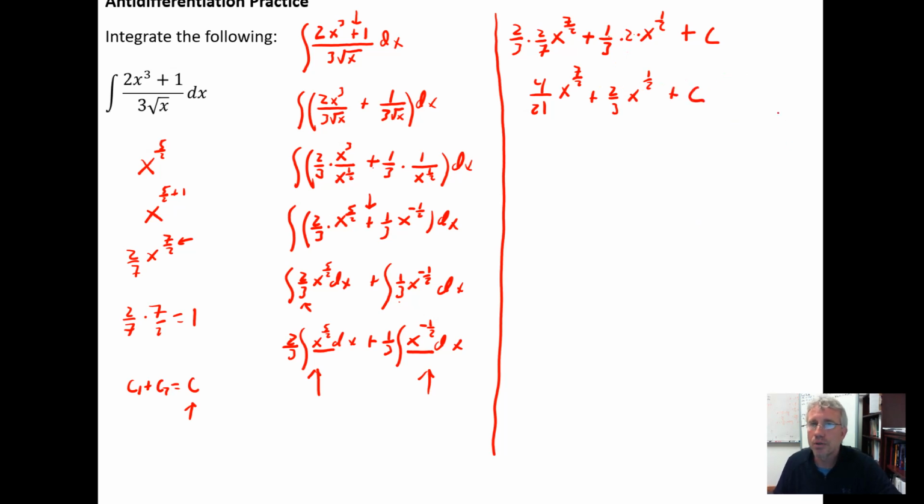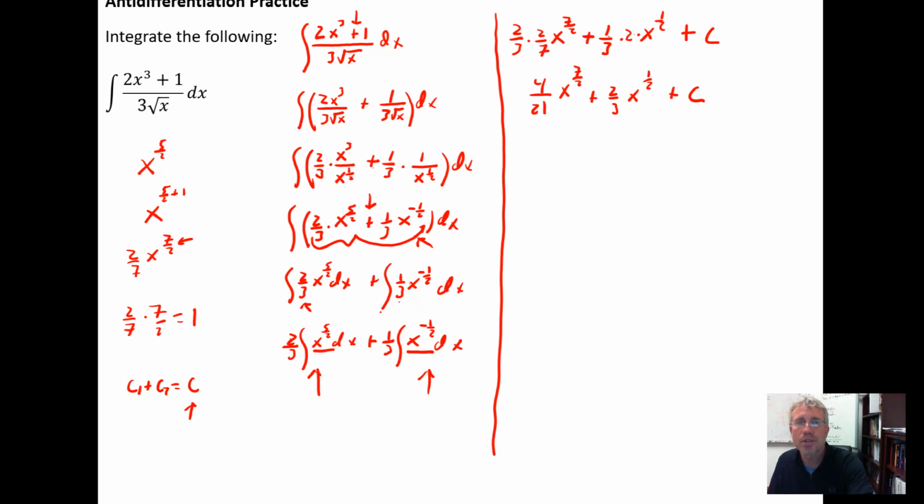And the check on work would be to differentiate this, and we would want to make sure that when we differentiated it, we got back this piece right here. That's what we would need to get back if we were checking our work. So a check on work would be differentiate this and make sure we get this back, which was just the result we got from rewriting the original function a little bit differently.